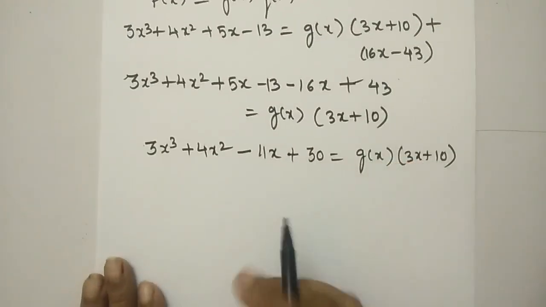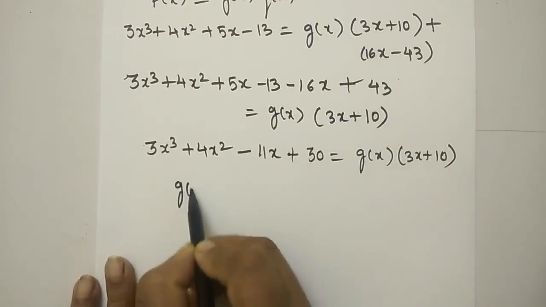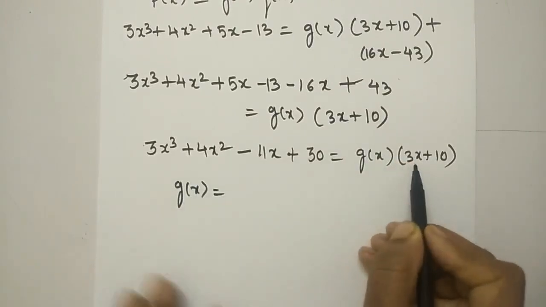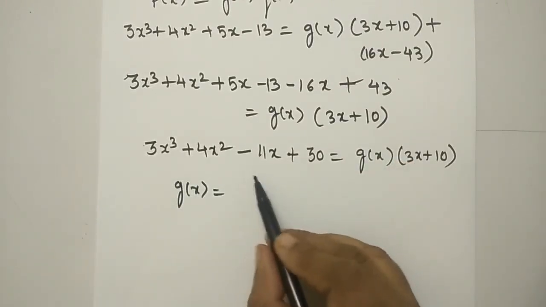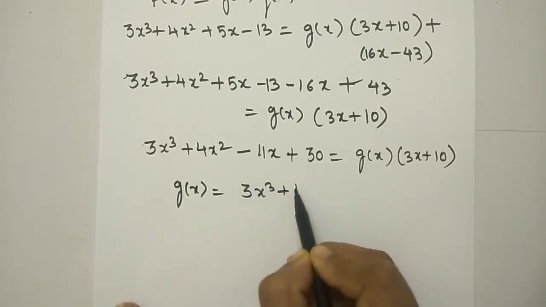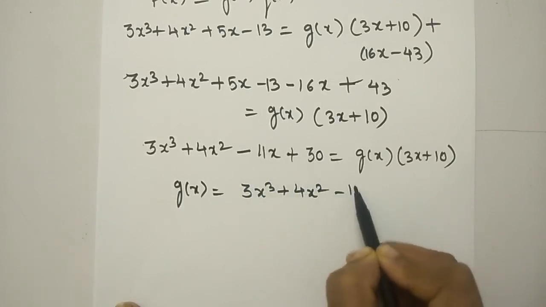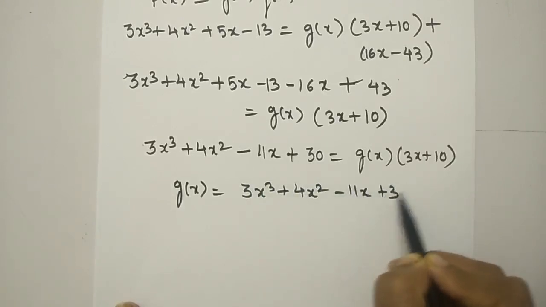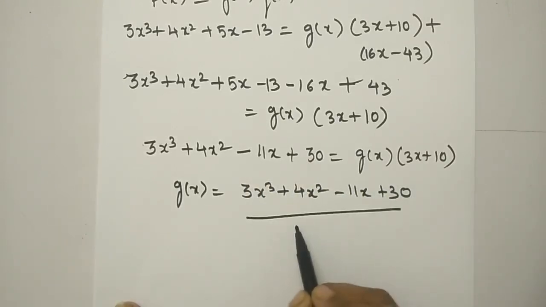Okay. G of x is equal to, you will get this 3x plus 10 on coming to left hand side, 3x cube plus 4x square minus 11x plus 30 by 3x plus 10.